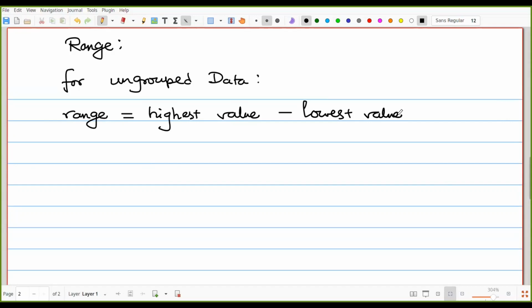We don't have to think anything else about that. What is the highest value? What is the lowest value?